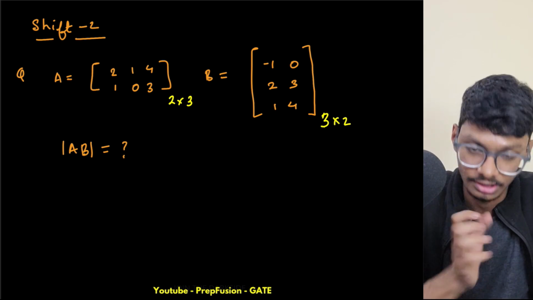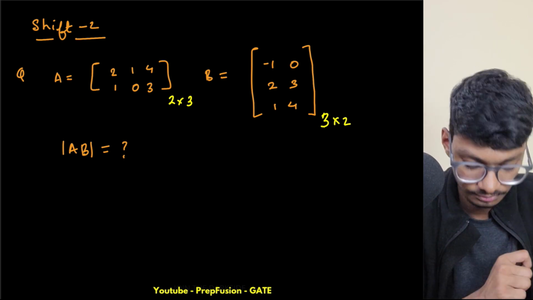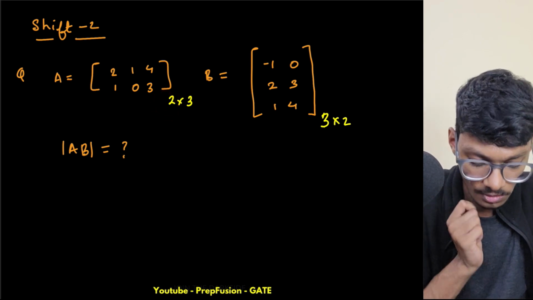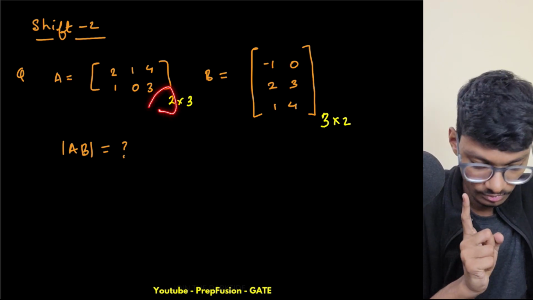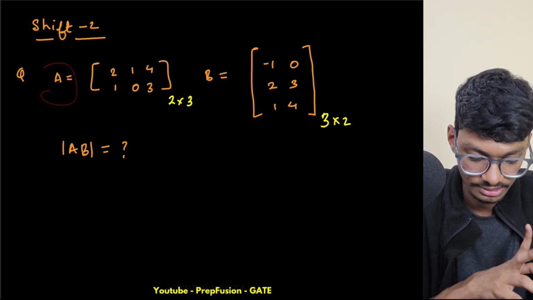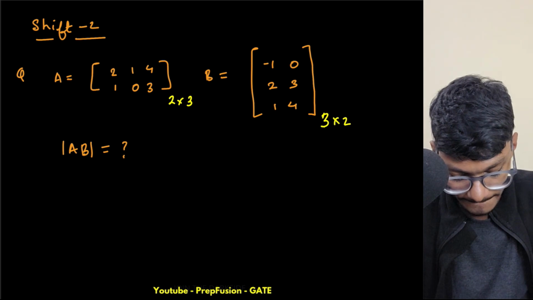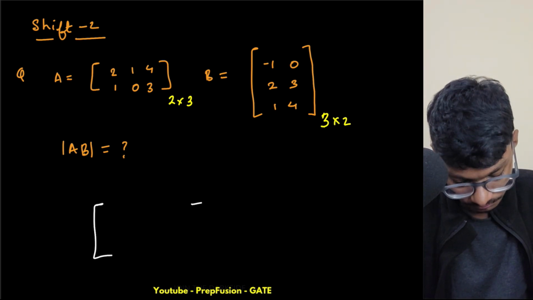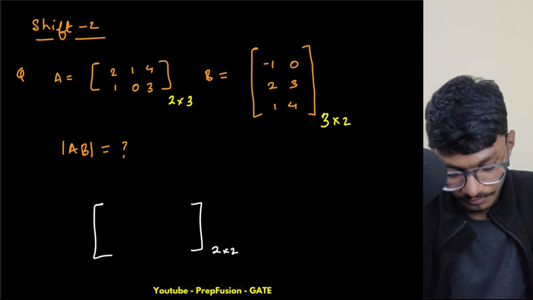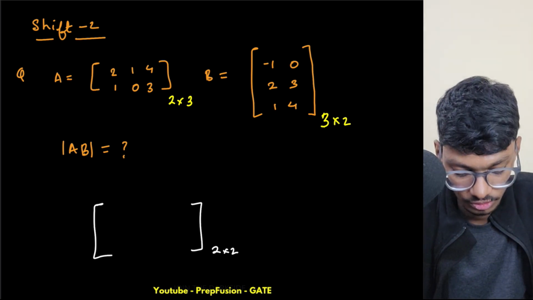Always remember, we tend to forget the matrix multiplication. When you multiply these two, we'll get the row of this A matrix and the column of this B matrix. So it will be a 2 cross 2 matrix.